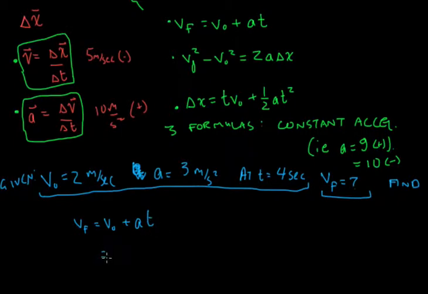And then when we substitute the values in, we have positive 2 for our velocity plus acceleration, 3 meters per second squared, times time, which is 4. Now the units: meters per second squared times seconds is also meters per second, so 2 plus 12 equals 14 meters per second. That's velocity final, and we're done.